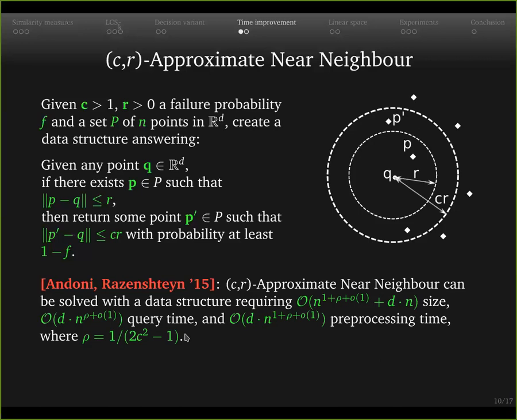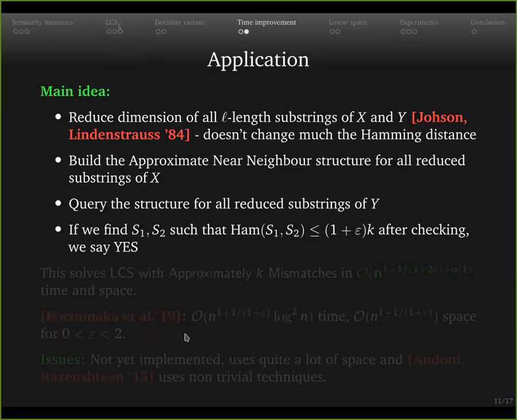And the main idea of how we applied this result to our problem was first that we used dimension reduction on all L-length substrings of x and y. Because remember, we're trying to solve the decision variant that tells us whether L is between LCSK and LCS (1 plus epsilon)k. And so we can focus on those L-length substrings.